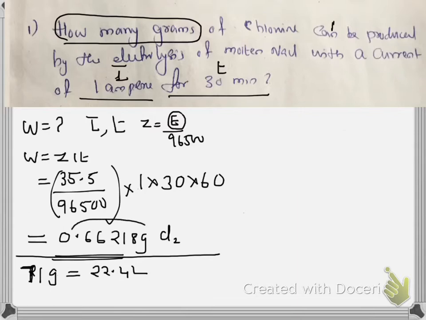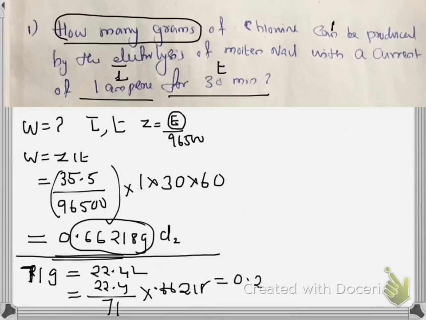But here actually we have 0.66 gram, so its volume is 22.4 divided by 71 into 0.66218, then you will get 0.208 liter as the volume. But in the question they have not asked you to find the volume, but as an example I have explained it.